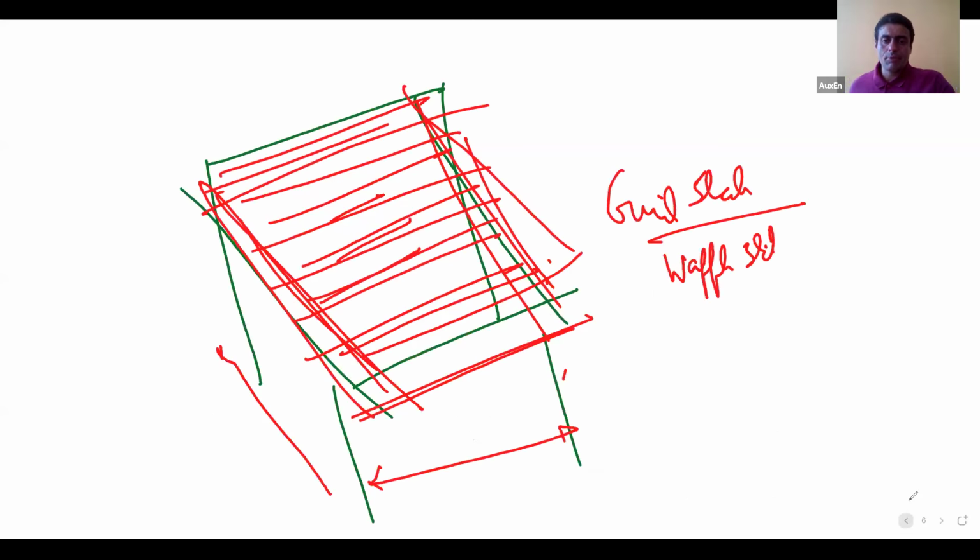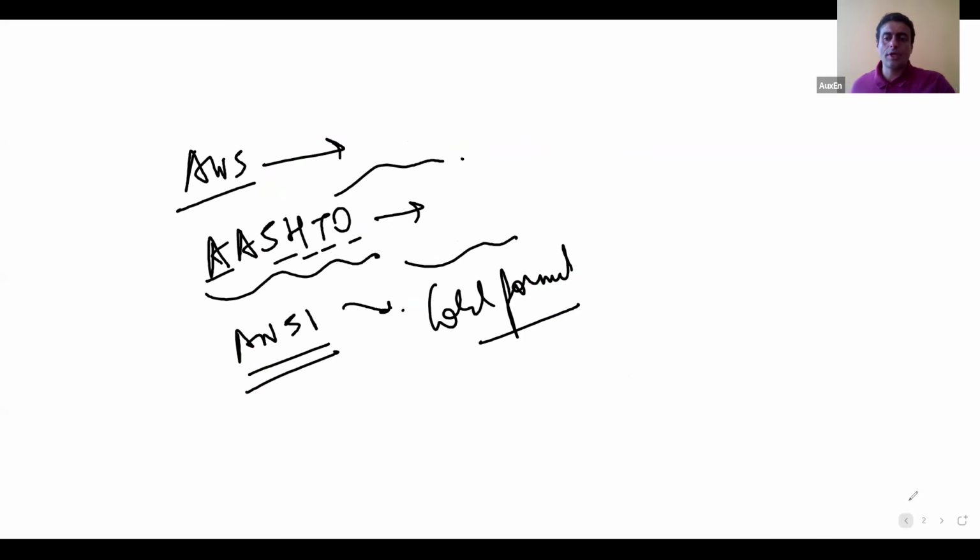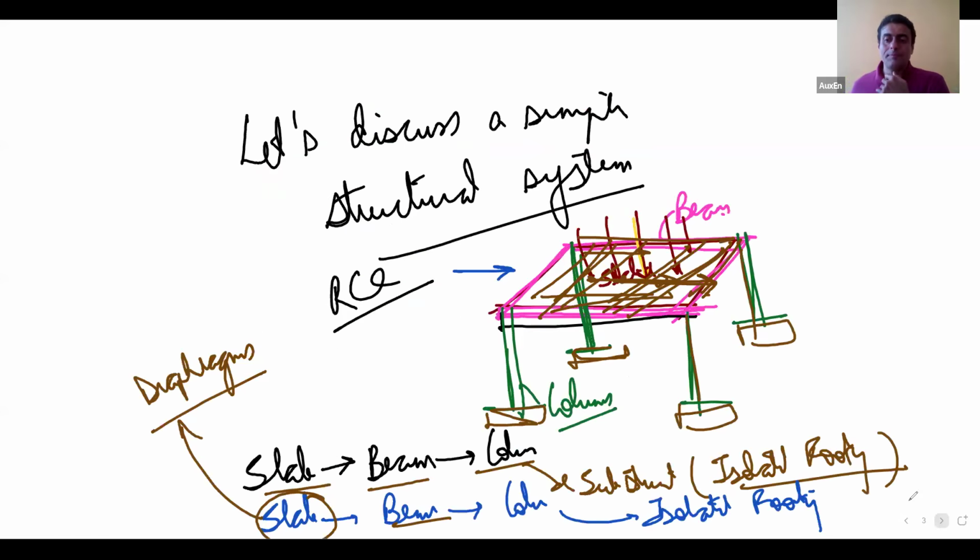So the important thing to understand is, first of all, which are going to be the members or elements that you are going to include in your structural system, how they are going to take the loads, and what is going to be their load path. These are important things to understand.